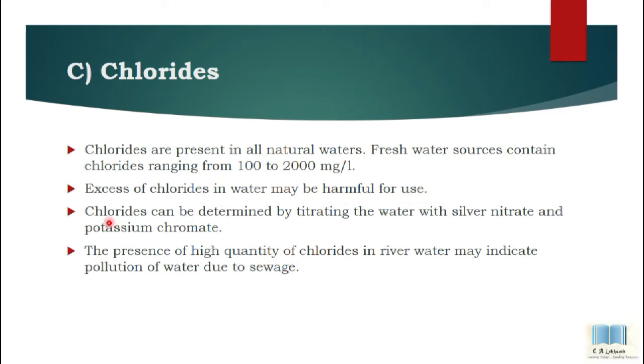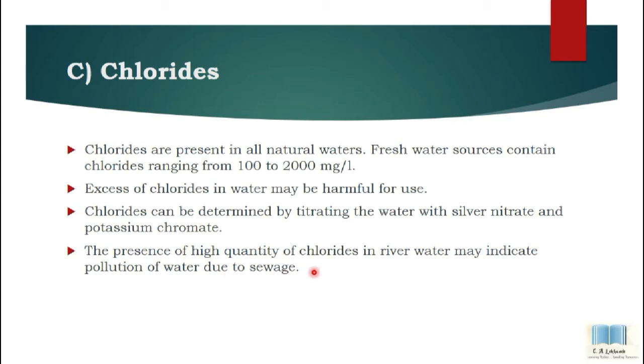The third point is chlorides can be determined by titrating the water with silver nitrate and potassium chromate. And the last point is the presence of a high quantity of chlorides in river water may indicate the pollution of water due to sewage.